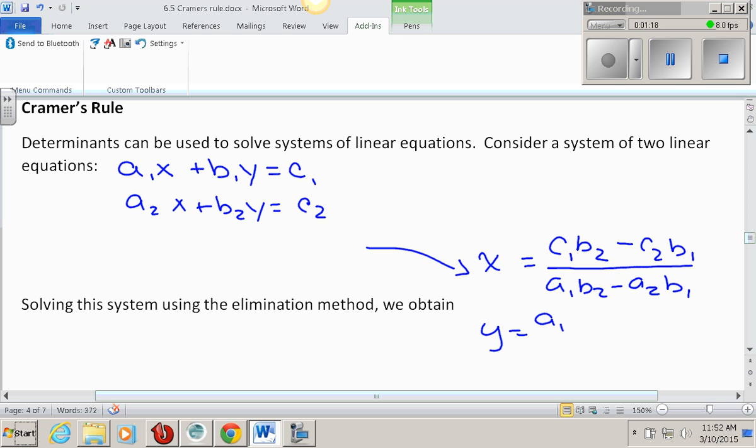We're using a1, c2, minus a2, c1, all over a1, b2, minus a2, b1. So if you notice here, what we've done is we've excluded the coefficient for the x, and here we've excluded the coefficient for the y in the numerators.